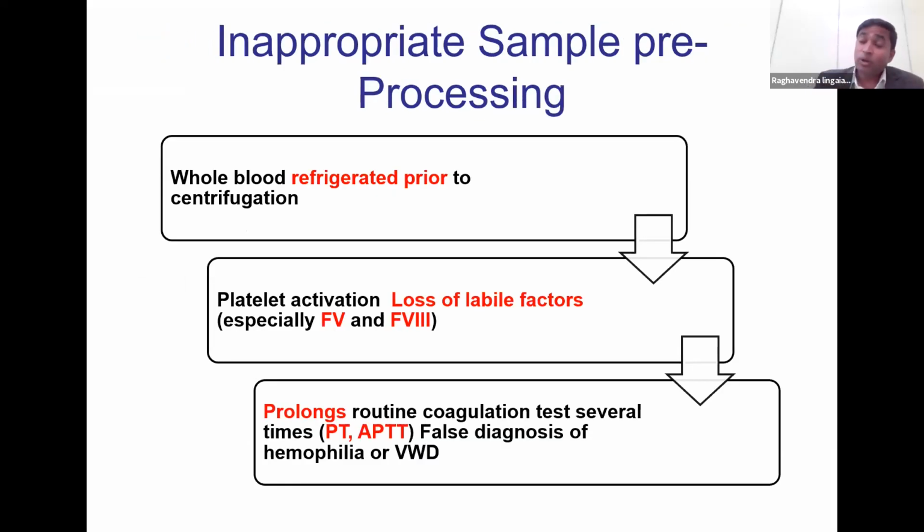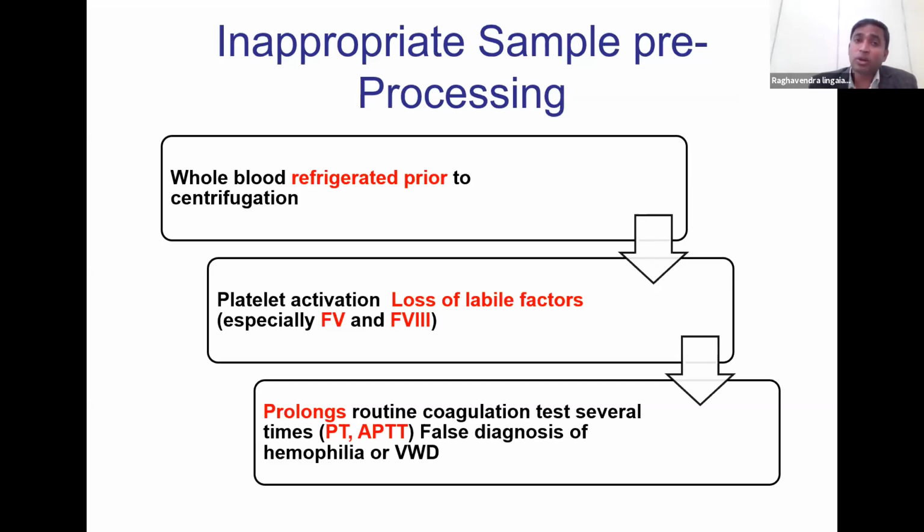It doesn't mean that you have to store every sample in the fridge. For example, if you have taken a sample for coagulation studies and you have refrigerated the sample and sent it to a lab, don't expect proper results, because in cold conditions the platelets get activated and there will be loss of some labile factors, that is factor 5 and factor 8 especially, leading to prolonged prothrombin time and APTT values.